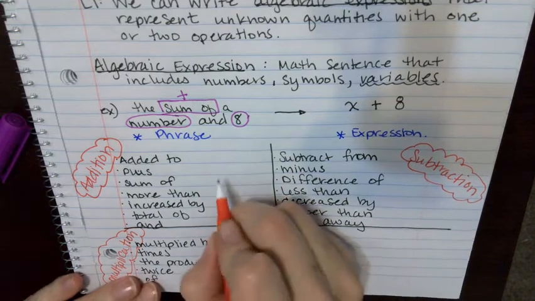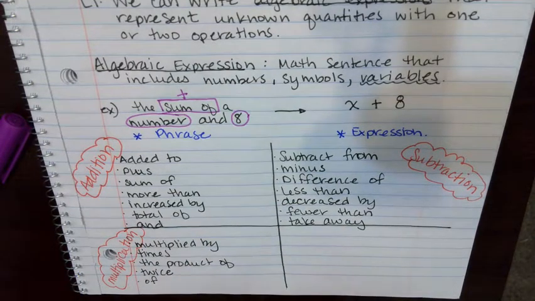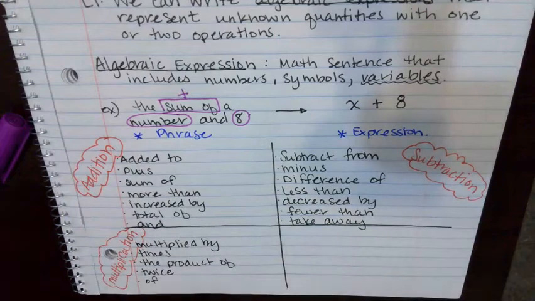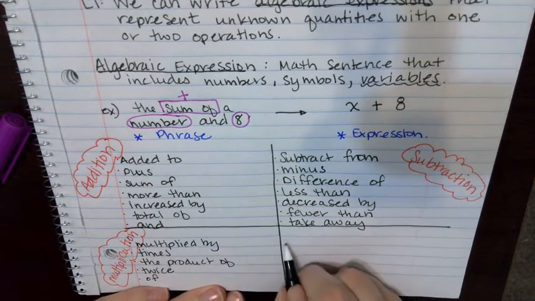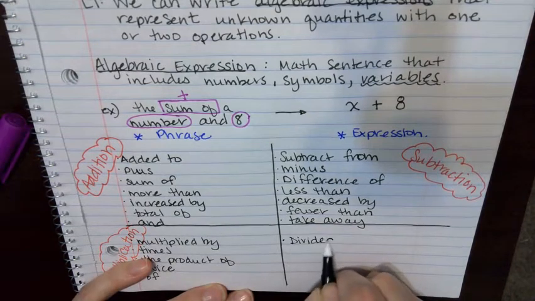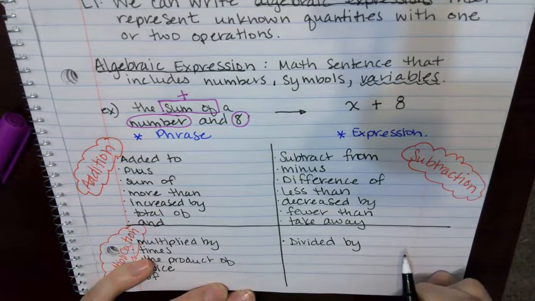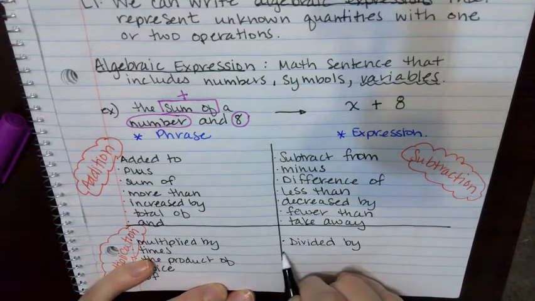Okay, so we have plus, minus, addition, subtraction, multiplication. Now let's do division. Instead of multiplied by, you could say divided by. You could say the quotient of.